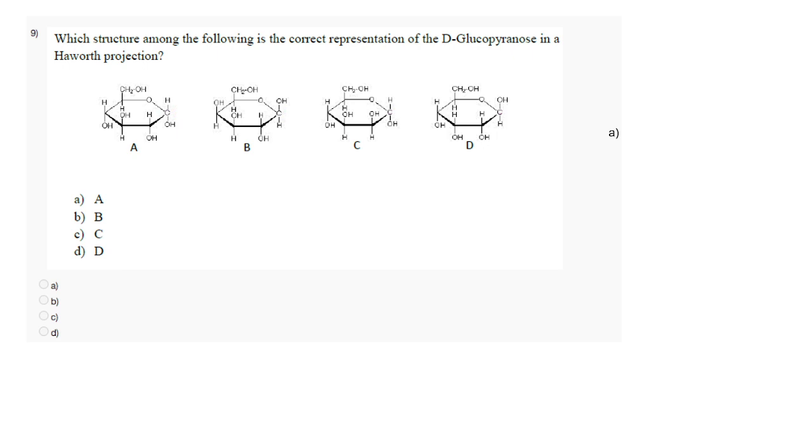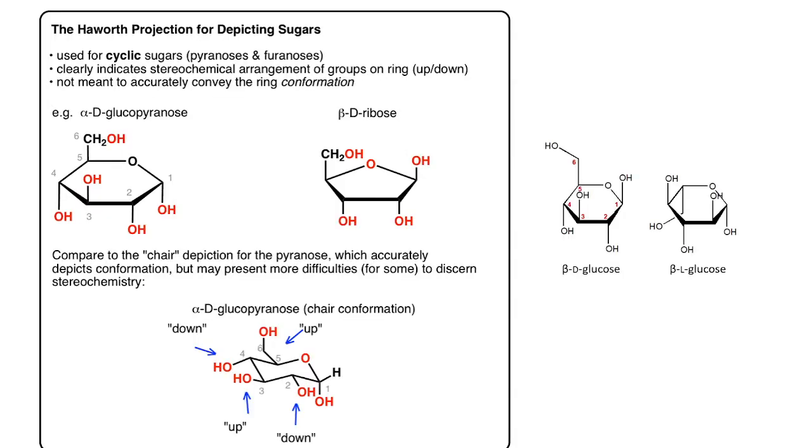Option A is correct. This is the correct structure of D-glucopyranose. The Haworth projection of D-glucopyranose is given here. So this is D and L.